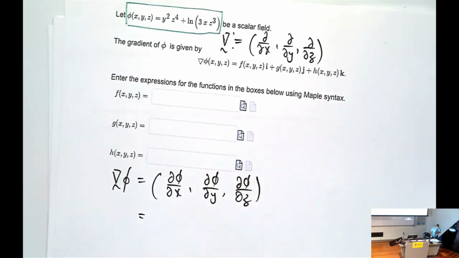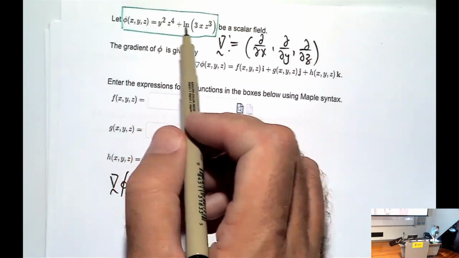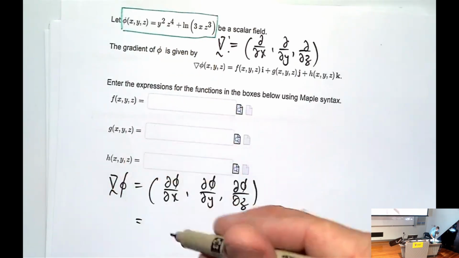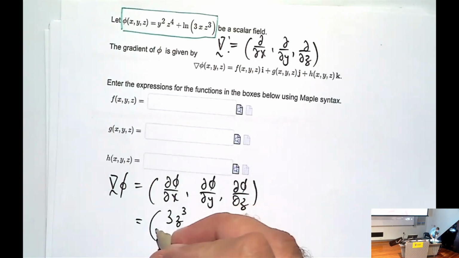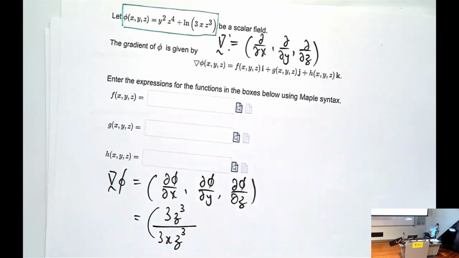Let's see, how difficult are these partial derivatives? Not too bad. The first one, differentiate that mess with respect to x. So that's going to be 0. 3z squared is going to come to the front, and I'm going to divide by 3z cubed, sorry. So we're going to get a bit of cancellation there.